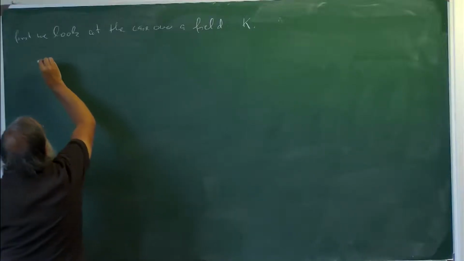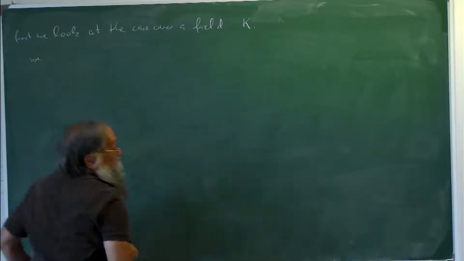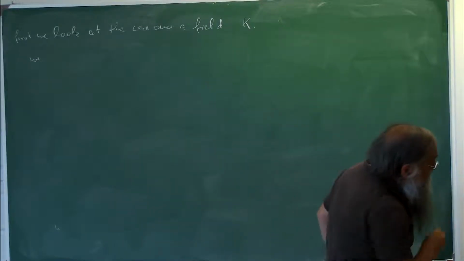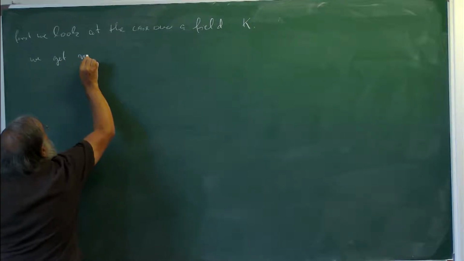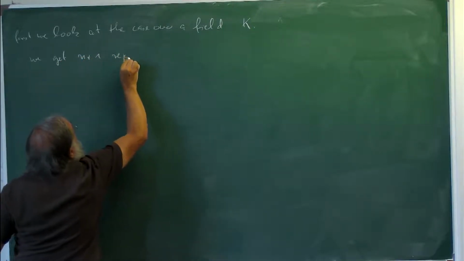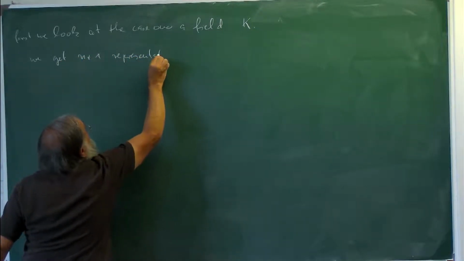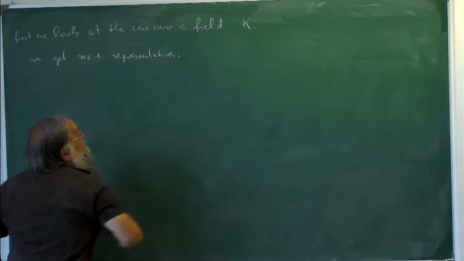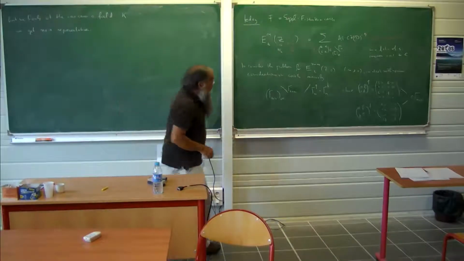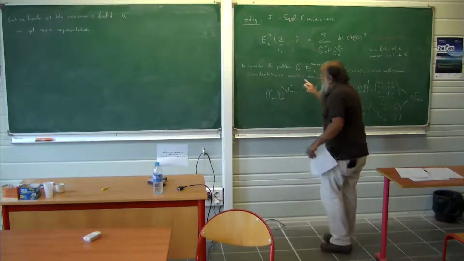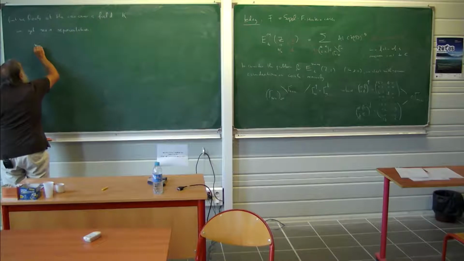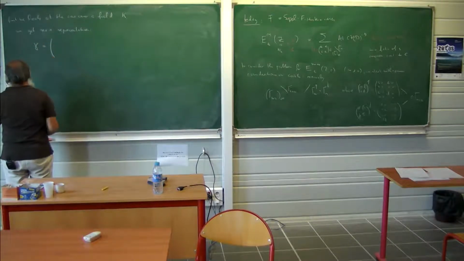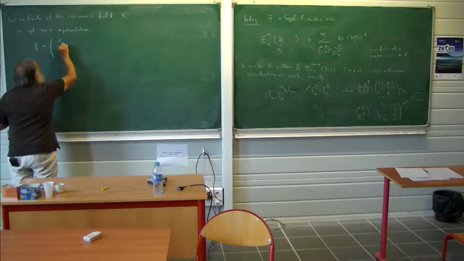So remember, m was bigger or equal to n, and you just get n plus 1 such double cosets, and I write down some representatives.